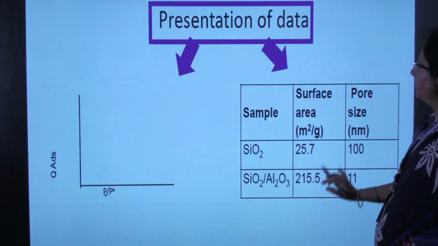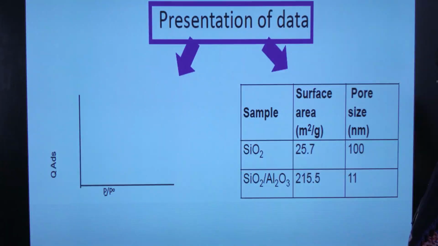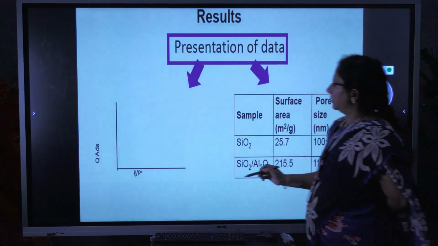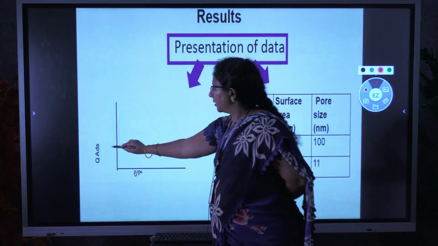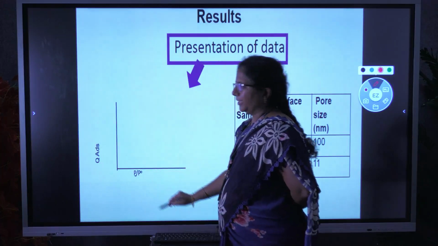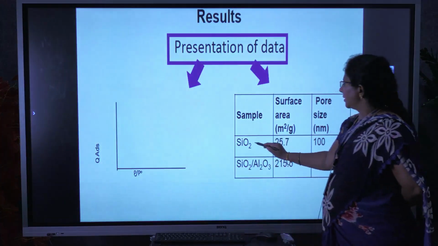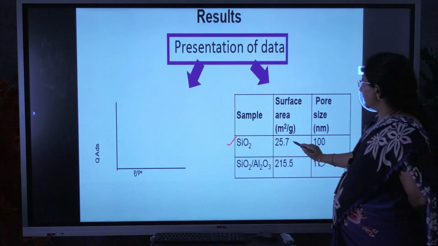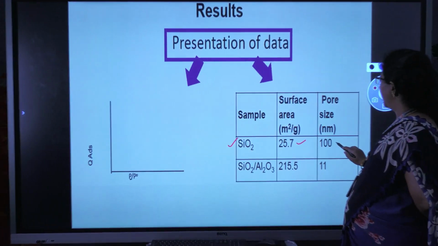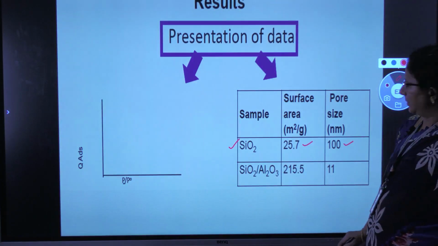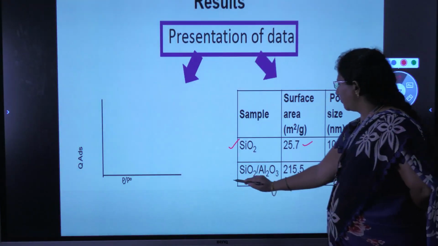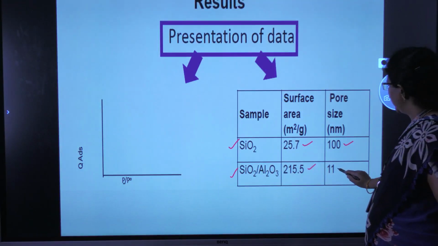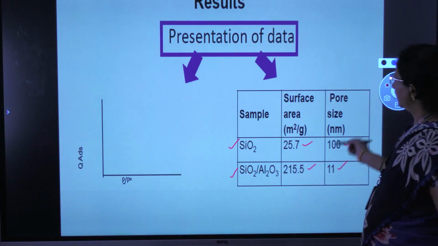This is how we are presenting the data. The amount of nitrogen adsorbed will be plotted against this. This is the SiO2 sample we have taken, and this is the surface area of that sample, and this is the pore size. And for this sample, this is the surface area and this is the size of the pore.